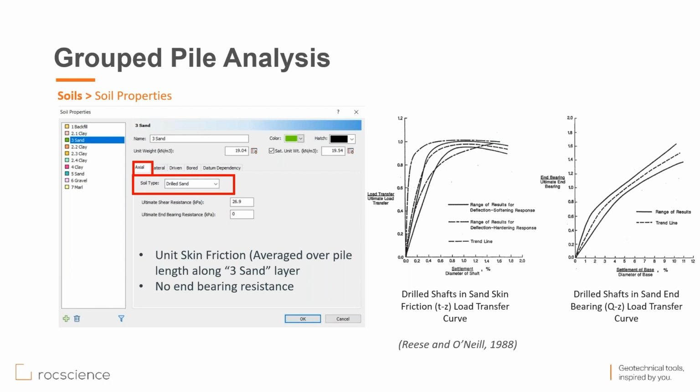Likewise, if we're in sand, for estimating the axial capacity in a cohesionless soil, you have the option to use drilled sand, for instance, where you enter the ultimate shear resistance calculated likewise as in the cohesive soil range.